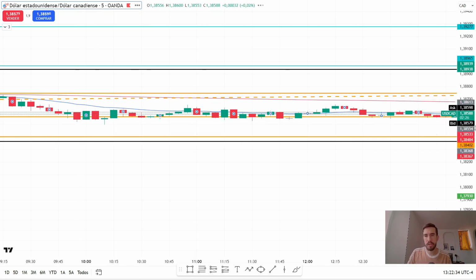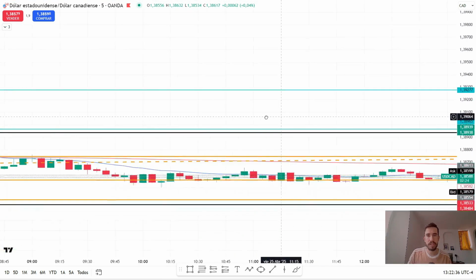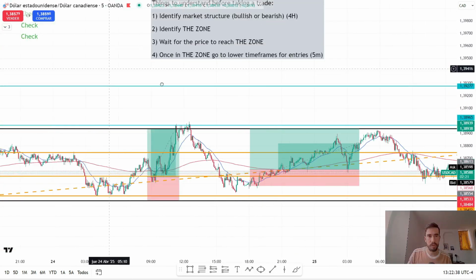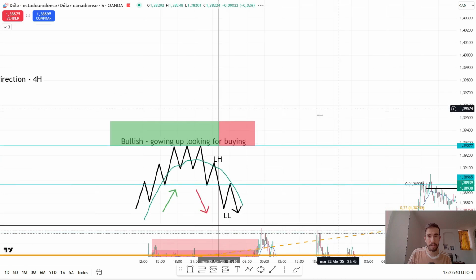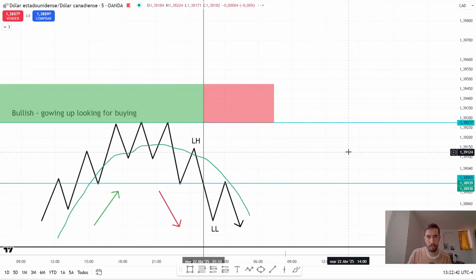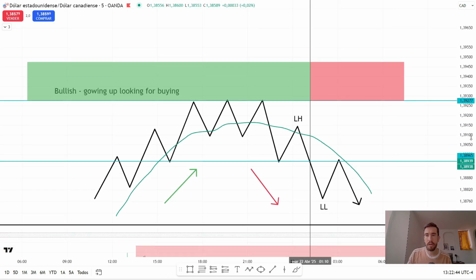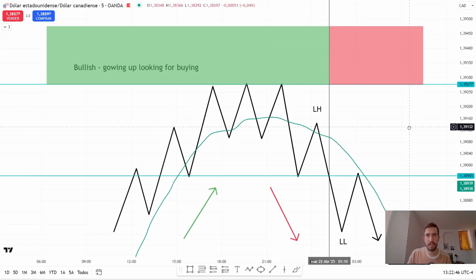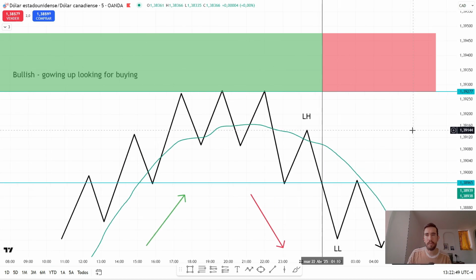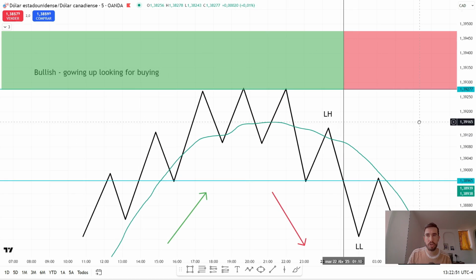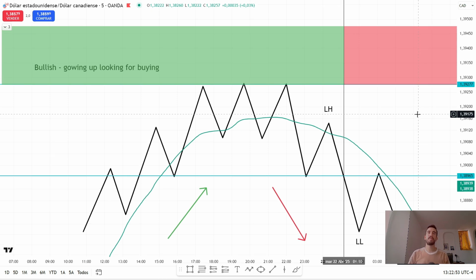Okay? So if we are looking for selling only, sorry, I'm a big mess, but I know you are understanding the point. We are looking for selling only. So what happened? We are in a bearish structure, but when the price reaches the zone area, it's because it's going up, right?